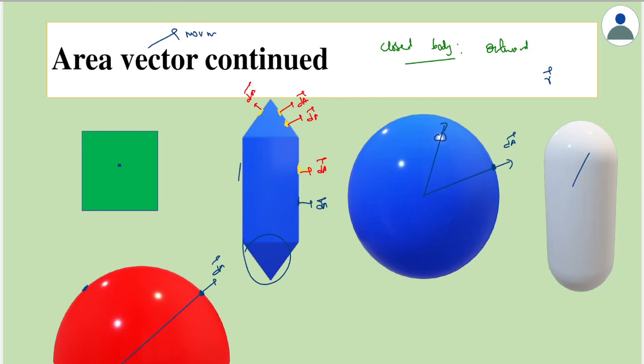It will be normal to this part. So we see here that the directions are different for this region. As I told you earlier, there can be cases where the small area vectors could be parallel to themselves, or they could be in different directions also. So with this understanding, let's again define what electric flux is mathematically.